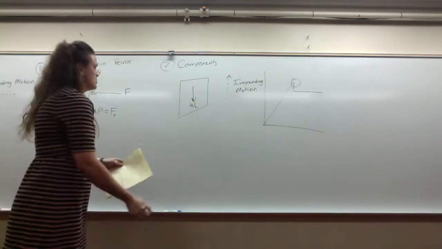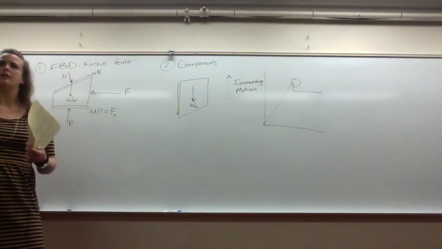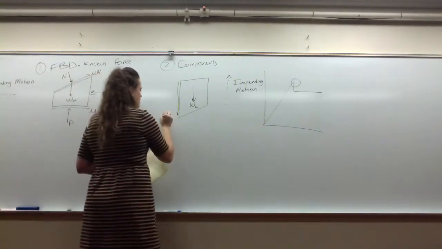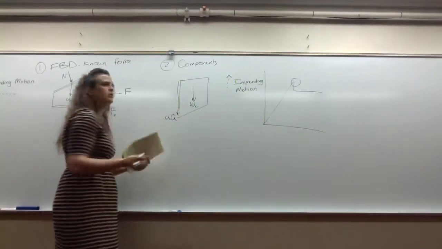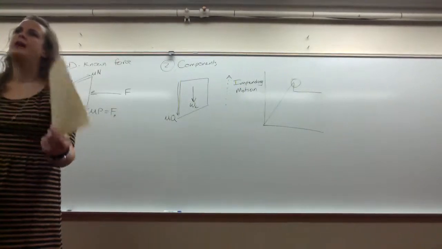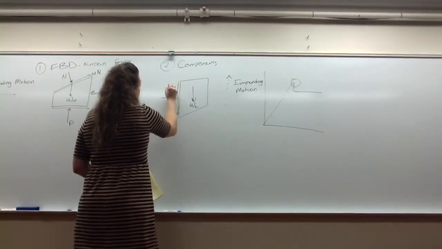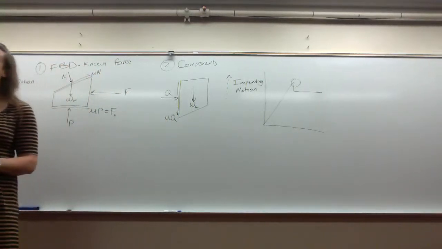Downwards. So we have this friction force between that vertical wall and the load. We'll call that mu q, and if there is a friction force, there is also a normal force, q.